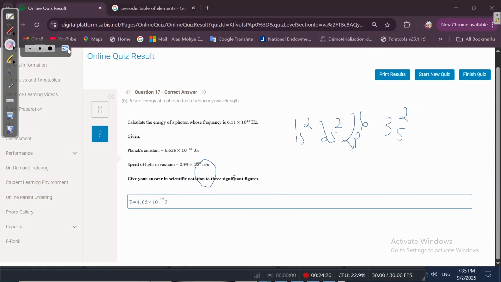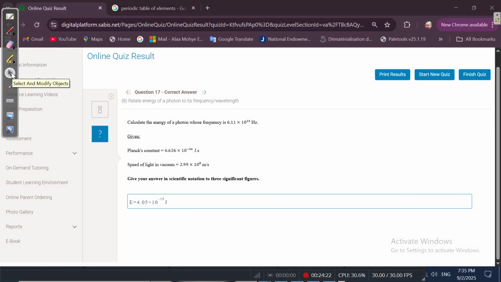Moving on. Again, we need to use our formulas. Calculate the energy of a photon whose frequency is 6.11 times 10 to the 14 hertz. Planck's constant and the speed of light are given. Same formula. What do they want? They want the energy, E, which is nothing but hv.